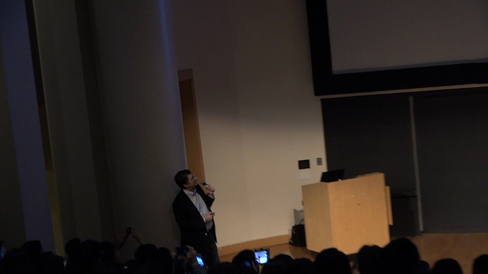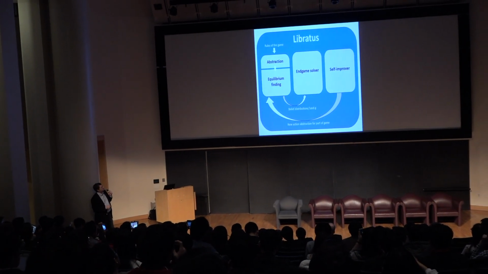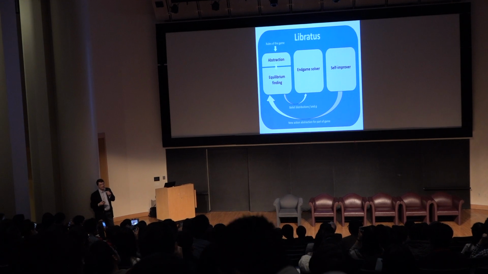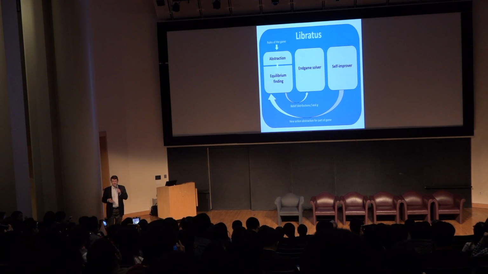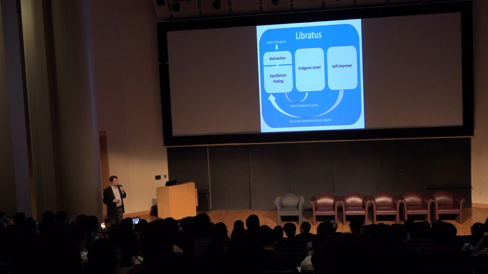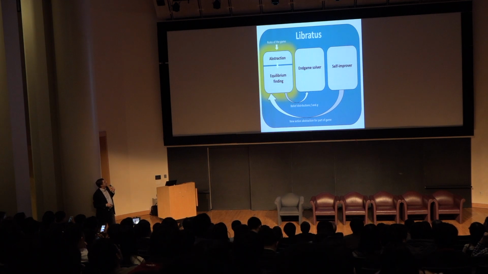We feed the rules of the game to an abstraction algorithm. It finds an abstraction of the game and solves for Nash equilibrium approximations thereof. Then there's an endgame solver that kicks in during the play of the hand to refine the strategy in real time. And then there's a self-improver which runs in the background. I'll talk about each one of these 3 pieces.